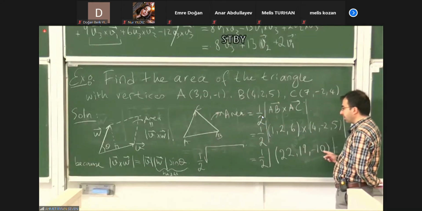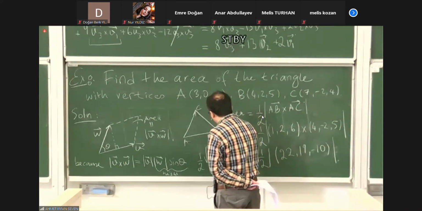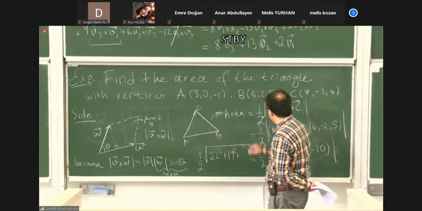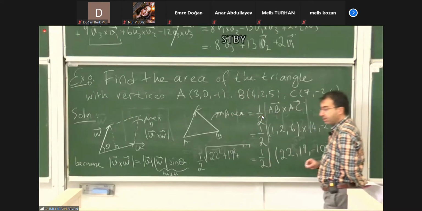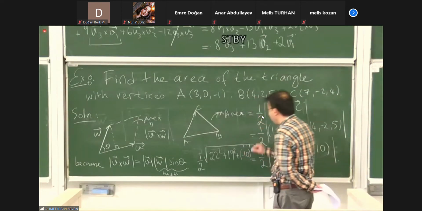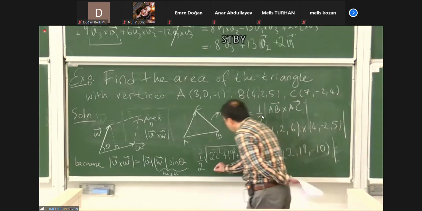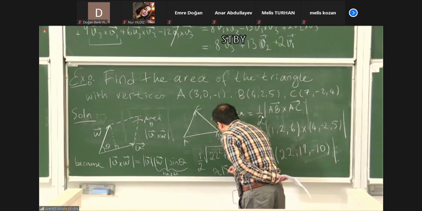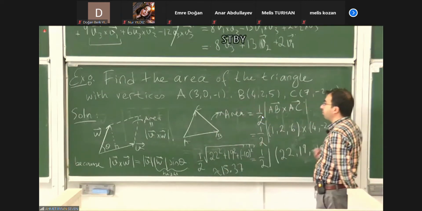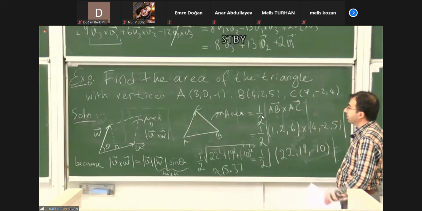You know that the length of this vector will be 1/2 times the square root of 22 squared plus 19 squared plus minus 10 squared. All right, and the result will be something like 15.37. All right. So this is the area of this triangle.